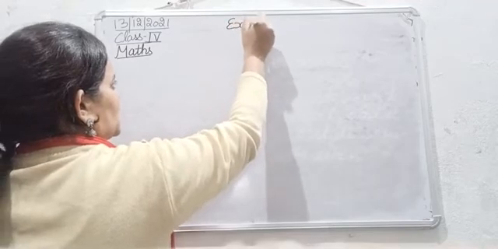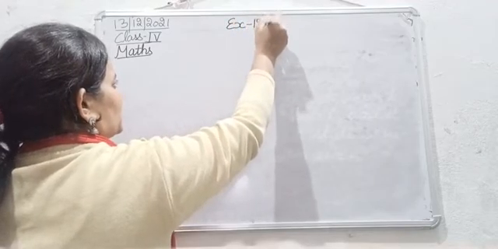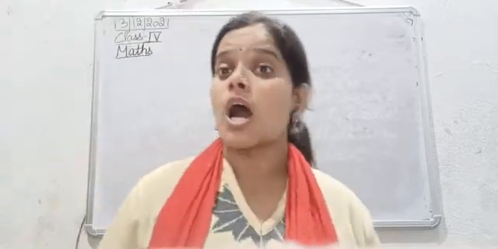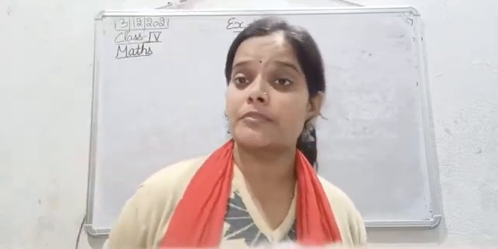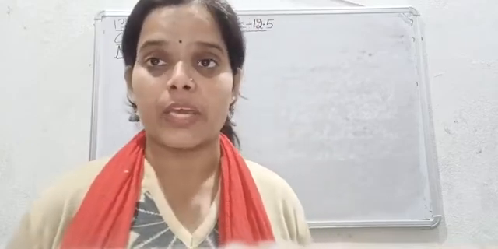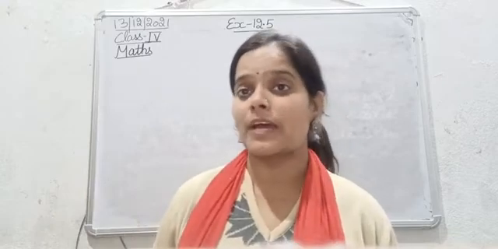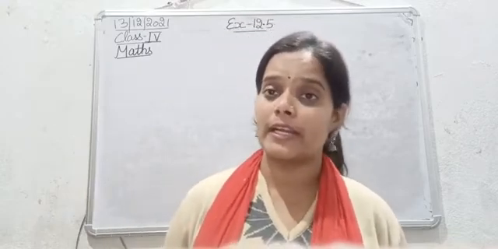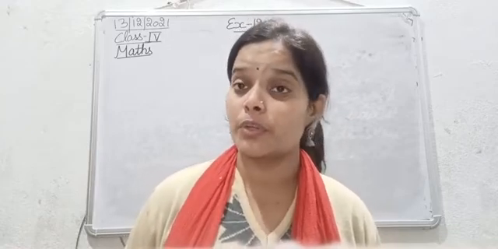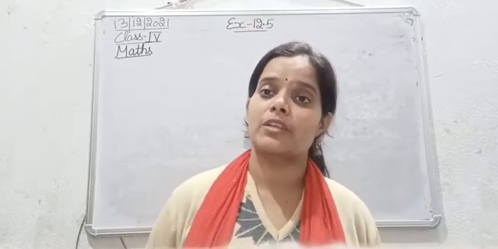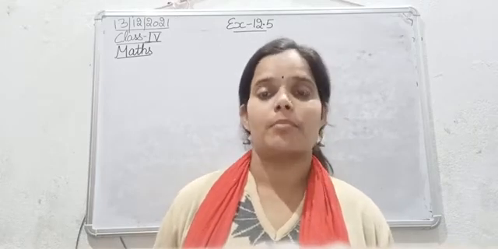In exercise 12.5, you will get to know how to multiply different length measurements. Similarly, as we have done in chapters 10 and 11, before multiplying or dividing two different units, we do the conversion, and after that we multiply with the given number or divide with the given number.